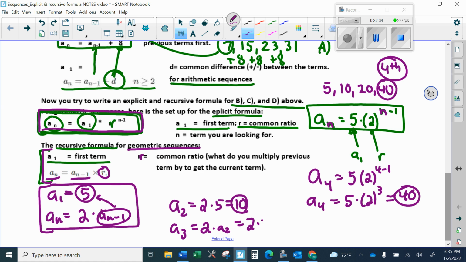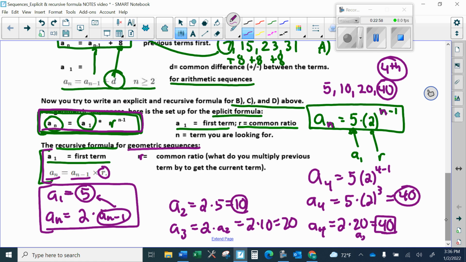And so that's 2 times 10, which is then 20. And now if I want a sub 4, I need to do 2 times the previous term of 20, which is the a sub 3. That's a sub 3 right there, previous term. And 2 times 20 is 40. So I still can get up to the 40. It just takes more steps doing it with the recursive formula.